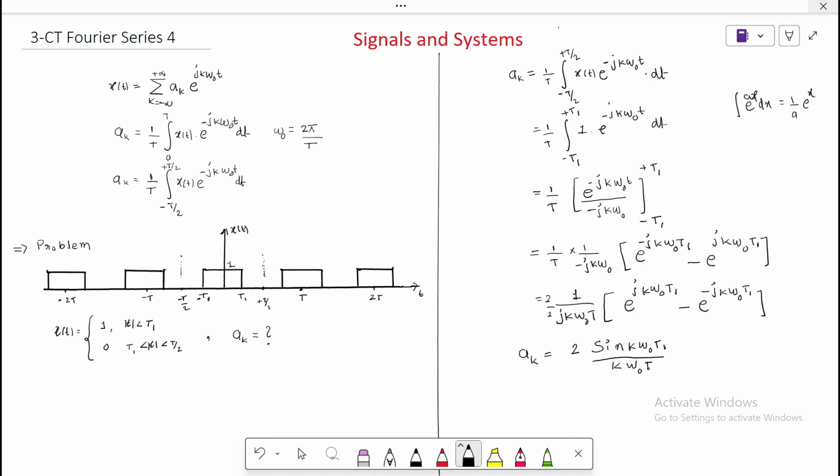Now, based on the T, I'm going to draw the a_k function.